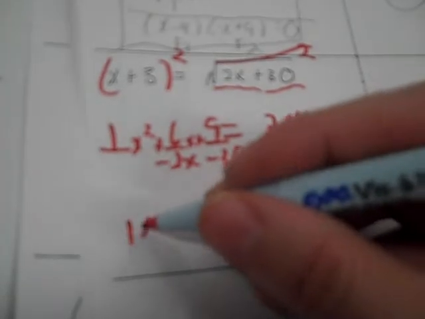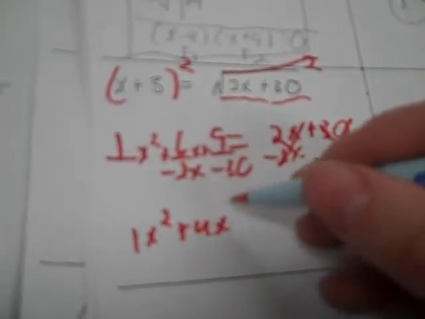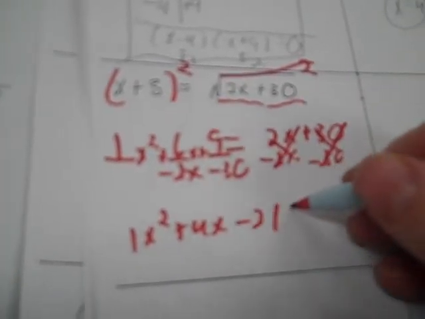Now, you don't ABC that. You got to move this over here, because you don't factor unless it's equal to 0. So I subtract 2x from 6x, and then 30 is subtracted from 9. Okay, so 1x squared plus 4x, and that's negative 21.